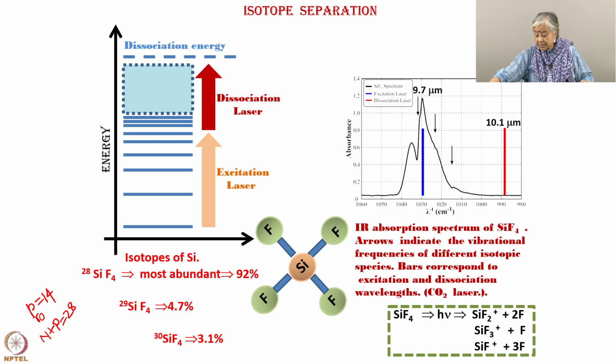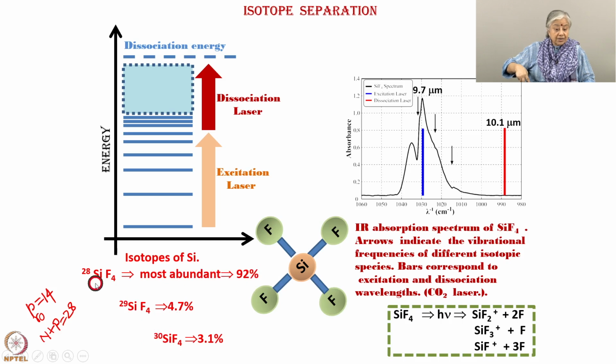And in the electronic industry, I believe they want silicon 28, which is the most abundant. You've got 92%. But if you remove these completely, this will become close to 100%. So you have to find ways of removing this 29 and 30.